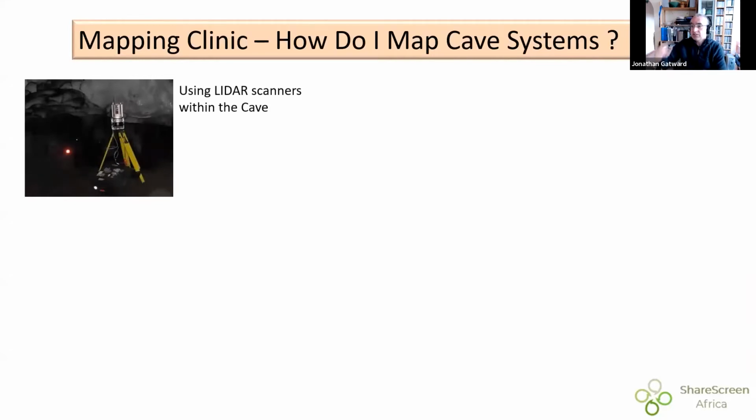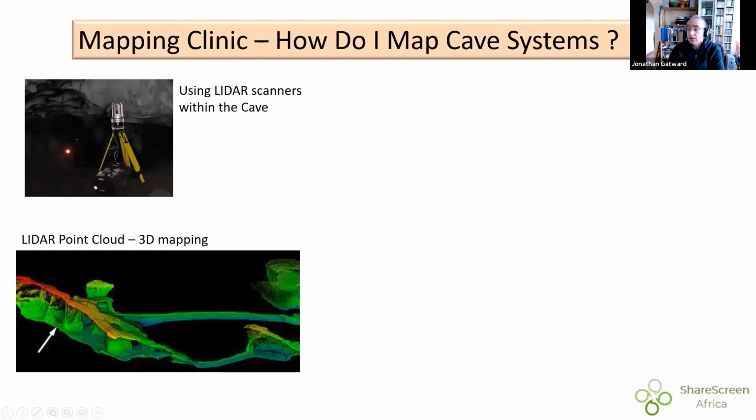So for instance, here's an example of a LiDAR scanner that can be positioned at various points going into the cave system. And again, as long as each survey point with a LiDAR scanner overlaps with the previous survey, which overlaps with your cave entrance, then each of the scans that you do with the LiDAR can be geographically correctly located.